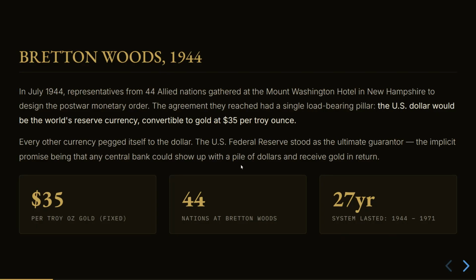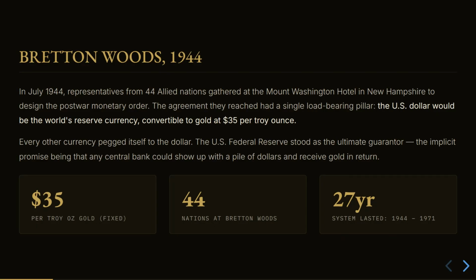Right? I didn't write this. This is history. This is what happened, and it's very clear from the very beginning what was the whole point of the US dollar becoming the world reserve currency and the responsibility it carried.